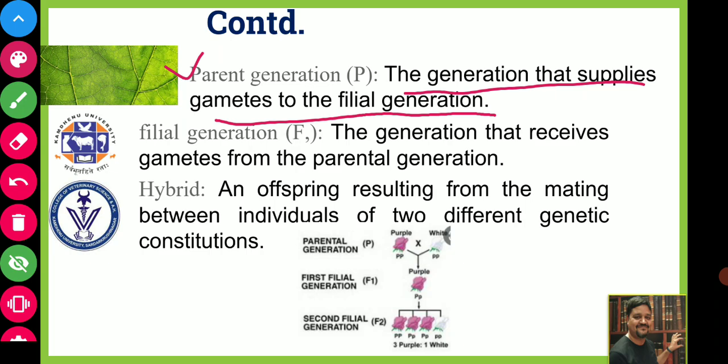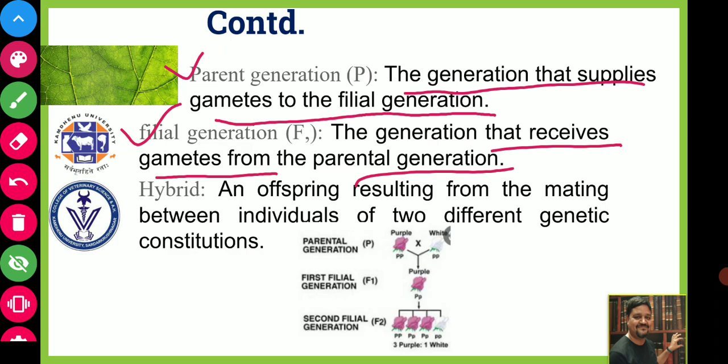So the parental generation supplies gametes to the filial generation, meaning the coming generation, the next generation, or progeny generation. What is the filial generation, also called F1? The generation that receives gametes from the parental generation. There will be first filial generation, second filial generation, and so on.